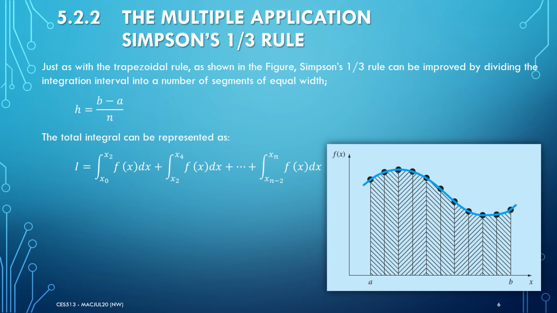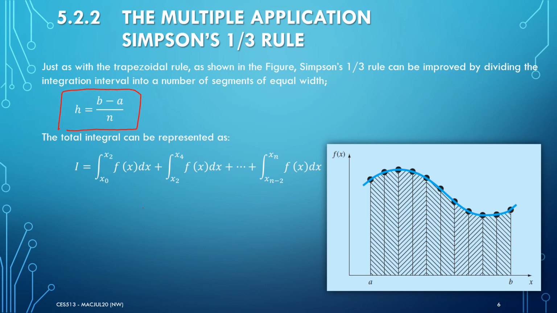Okay, now we will go to the multiple application of Simpson's one-third rule. So just as with the trapezoidal rule, as shown in the figure here, Simpson's one-third rule can be improved by dividing the integral interval into a number of segments of equal width, which is h equal to (b minus a) over n.